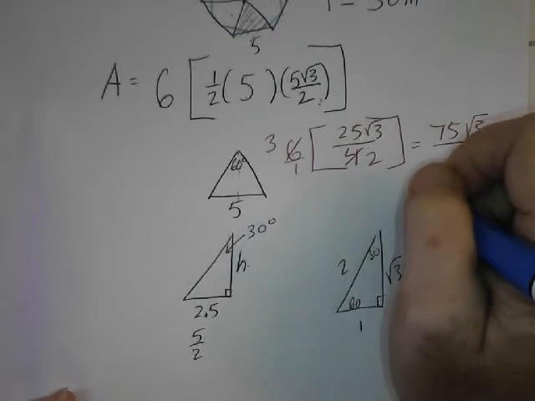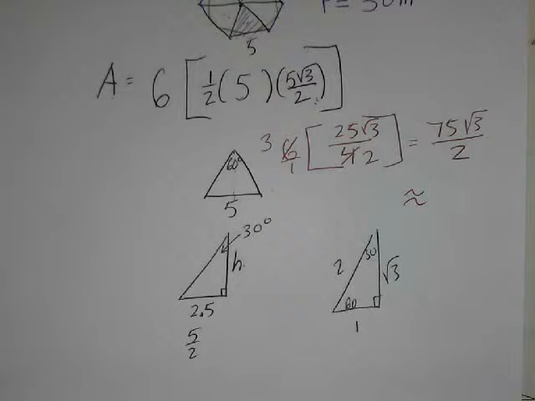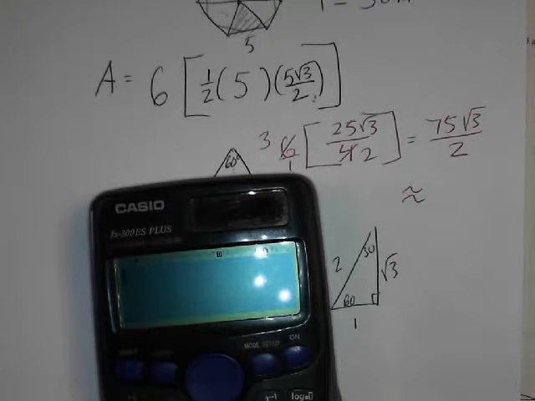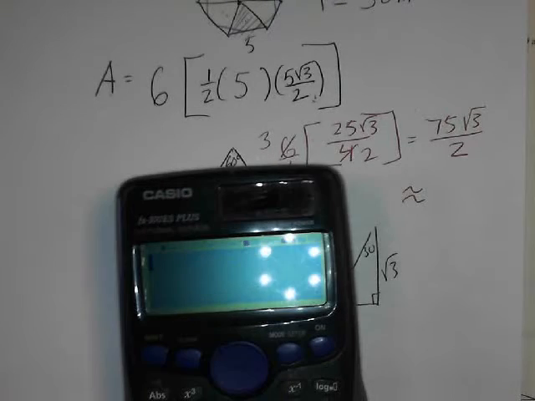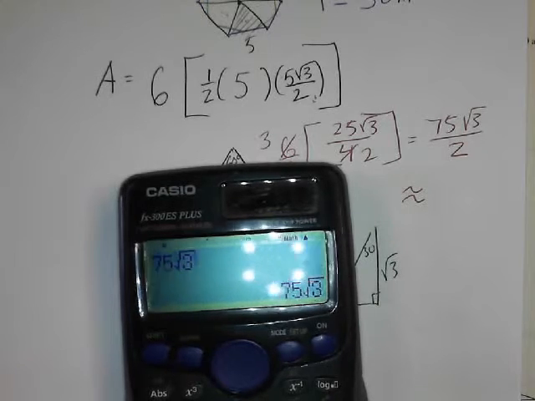I'm going to check in your answer book to see if they want it as a decimal or as a radical. They want a decimal, so let's get this into a decimal: 75 root 3 divided by 2.